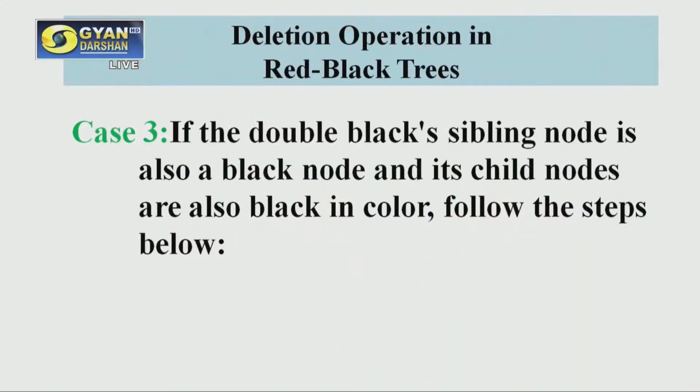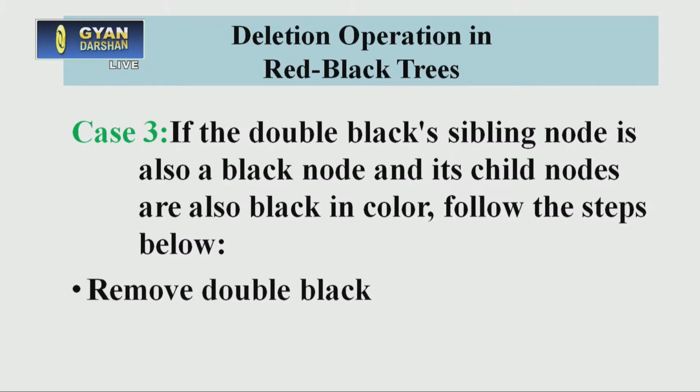And the third condition is that if the double black's sibling node is a black node and its child nodes are also black in color. Remember that the double black's sibling node is black and its child nodes are also black. Then we follow the following sub-steps.